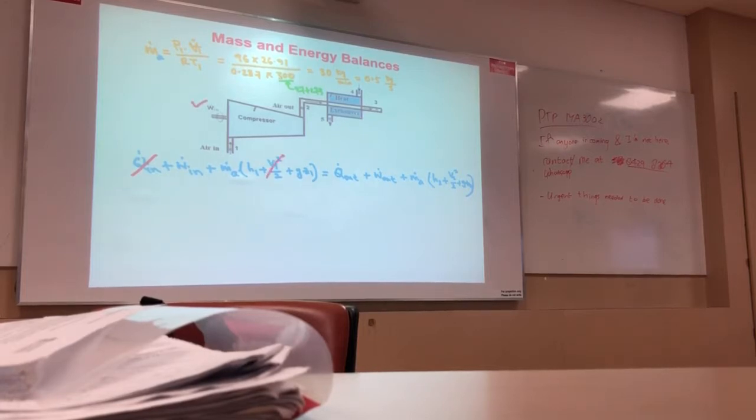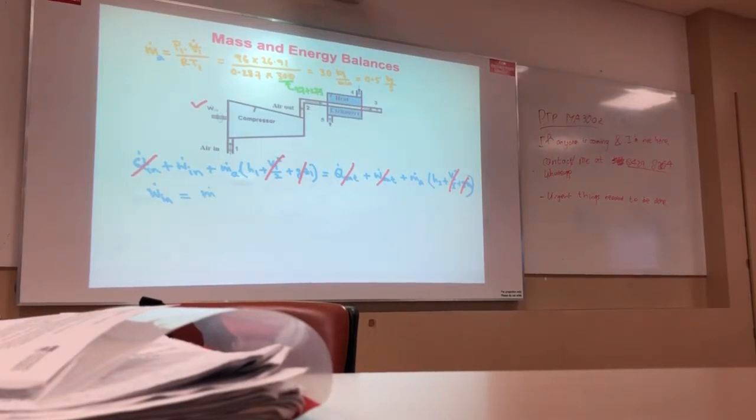Change in potential energy 0. Change in kinetic energy 0. So Q out is 0, right? So what can you write? You can write W dot in is equivalent to m dot times h2 minus h1, correct?